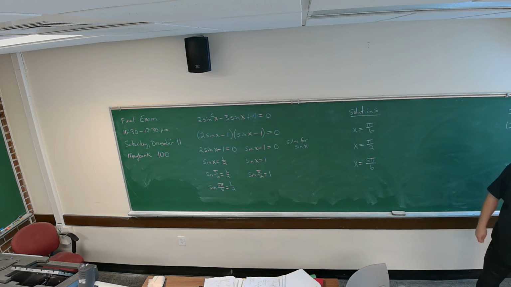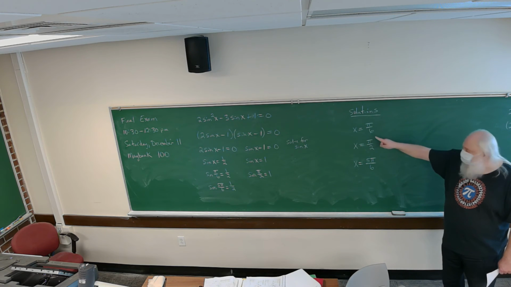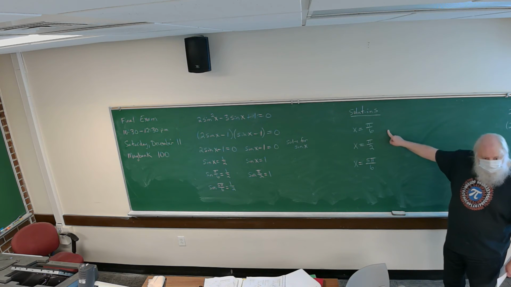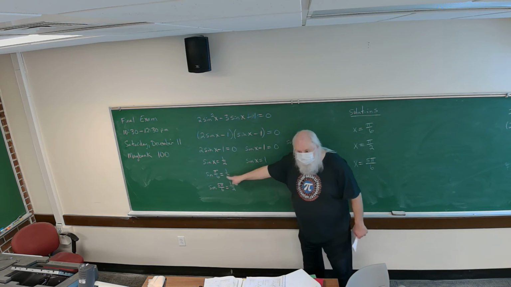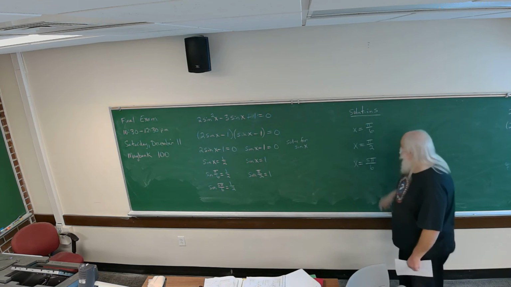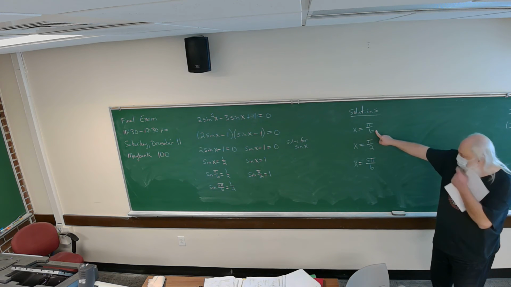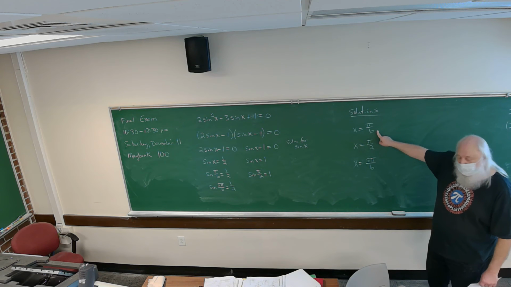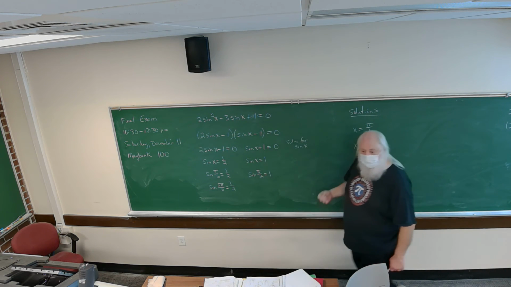So if I add 2 pi to this angle, I get a coterminal angle, and the sine of pi over 6 plus 2 pi is also equal to 1/2. If I subtract 2 pi from this angle, the sine of that angle is also equal to 1/2 because they're coterminal angles.